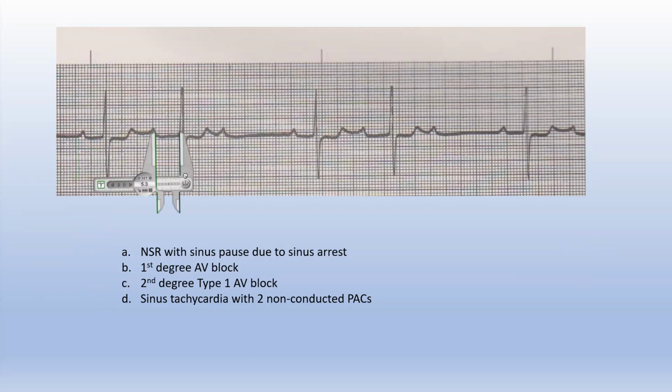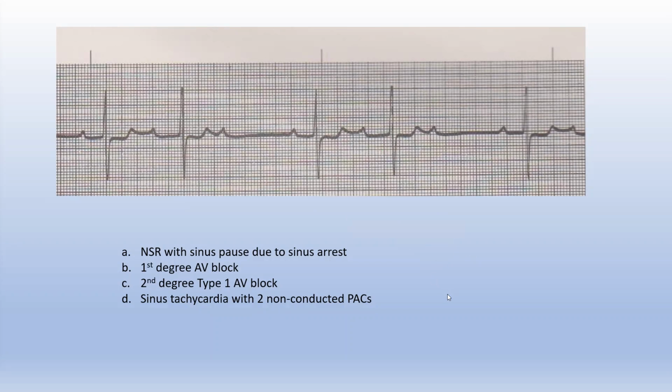It is longer. And then it repeats itself again. As you could see, there is a short PR interval here, a longer PR interval, and then there's going to be a non-conducted P wave.